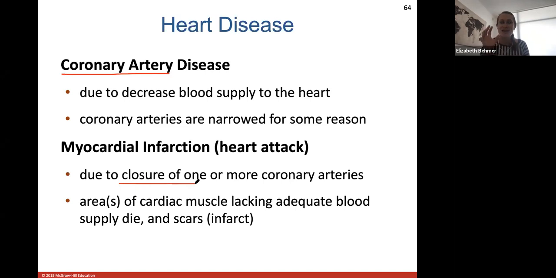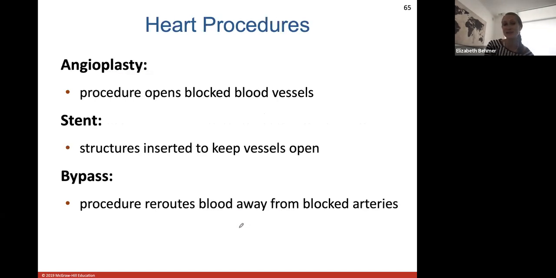That's because that area of your heart muscle is not receiving the adequate blood supply that it needs. So that area of the heart cannot contract because it's not receiving the oxygen it needs to contract. That part of the heart will die, and it causes a scarring, which is actually the infarct. And that is what a heart attack is.